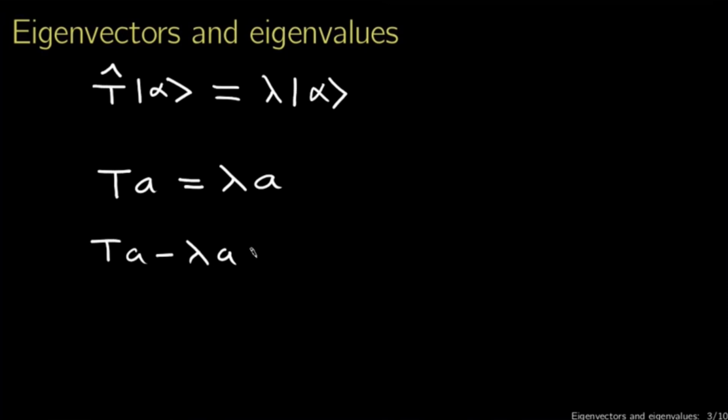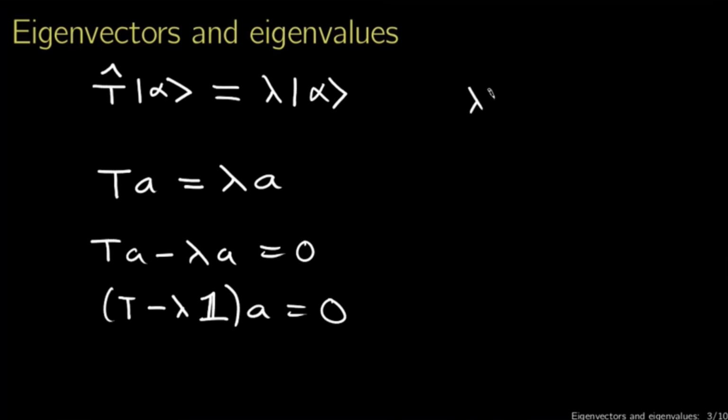And if I want to factor A out of this expression, I can write this as the matrix T minus lambda times the identity matrix, all acting on A. So this is going to be equal to 0, as is this. And this is the sort of equation that we're going to be considering when we talk about finding eigenvalues. So lambda is our eigenvalue, and A is our eigenvector.